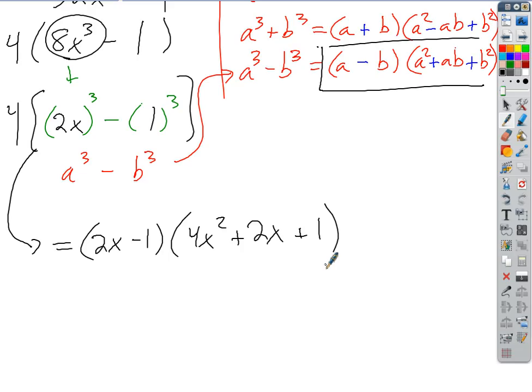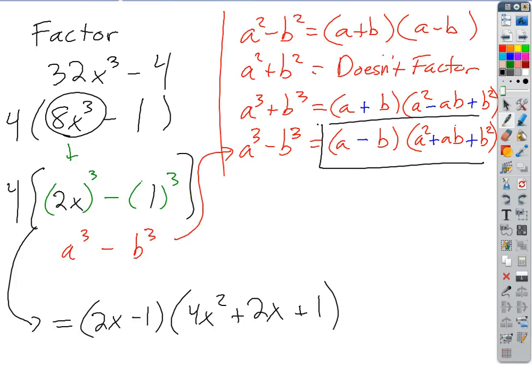See, that's the first third of the assignment, right? Just finding those patterns. Once you find the pattern, it's very simple. All you do is plug in whatever A, B, and C are, and see what you get. Remember that when we use the cubes, difference and sum of cubes, the big factor, the quadratic factor, can never go any further.